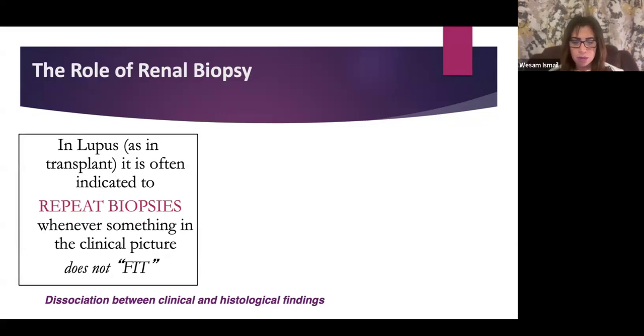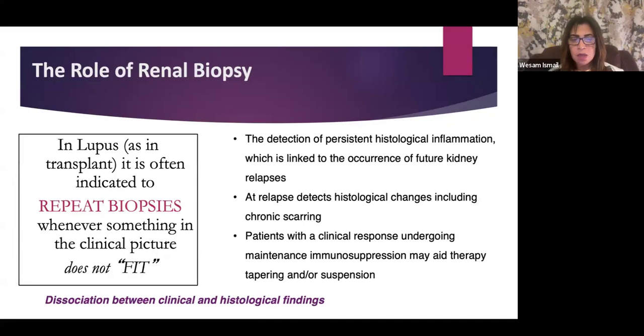This is not going to happen, especially if her clinical presentation does not fit with what you have in the biopsy. Why is that? Because when you repeat the biopsy, there are other lesions which can be seen and which are really important, and that you do not consider.